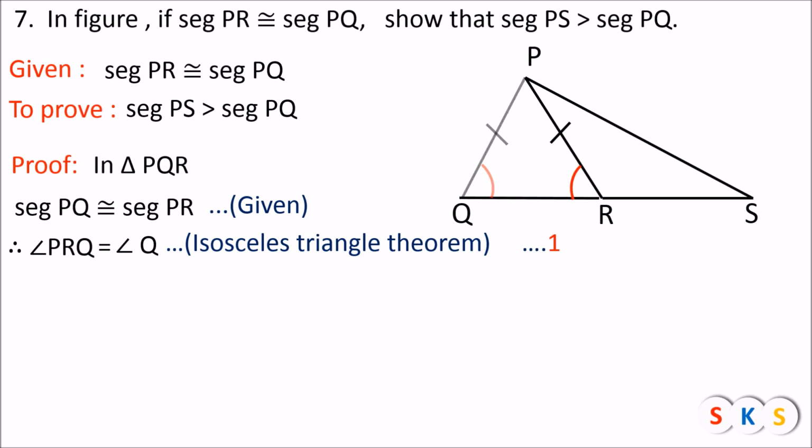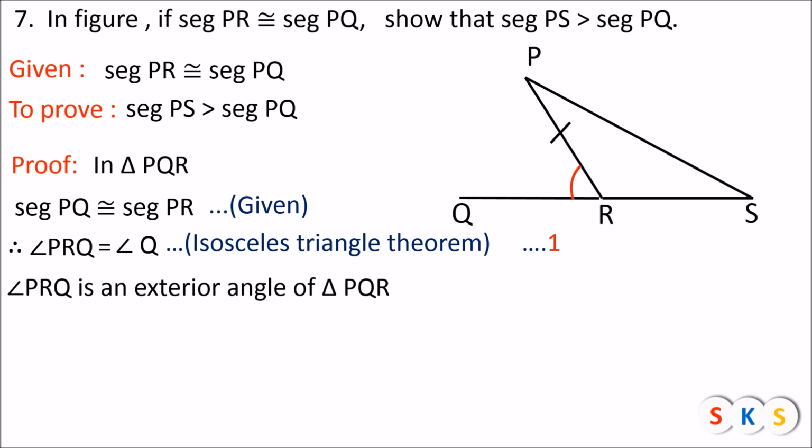Okay, look at this figure. Here angle PRQ is an exterior angle of triangle PQR, and we know that the measure of an exterior angle is greater than its remote interior angle.